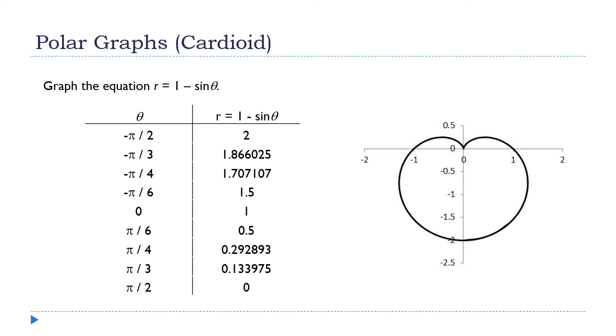So again, hopefully you're starting to see how we're getting unusual graphs from these polar coordinates. And if you're following along on the website, some of the labs are going to give you the opportunity to work through some more of these and get an idea for some of the variety that we can get from these things.